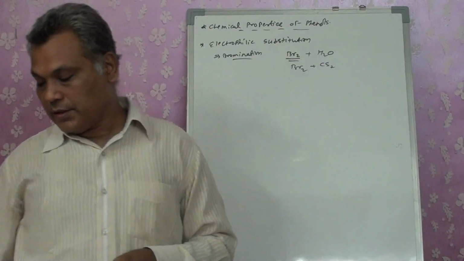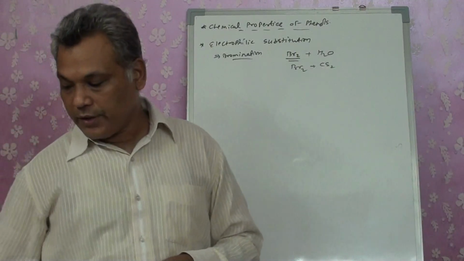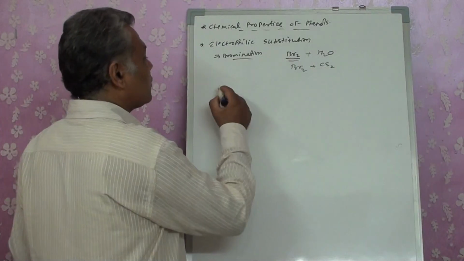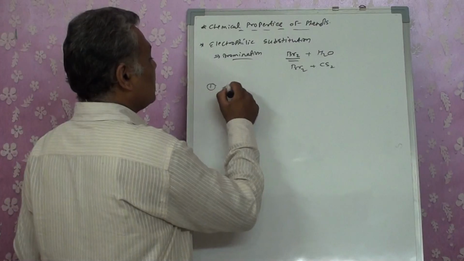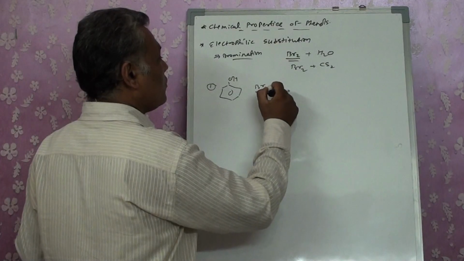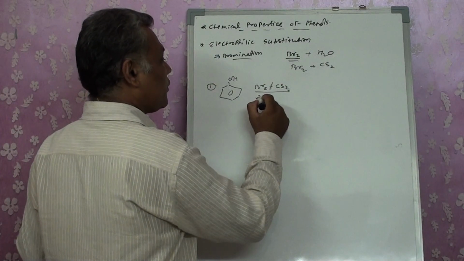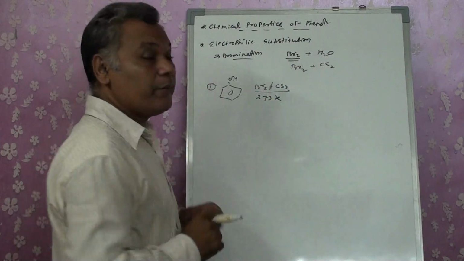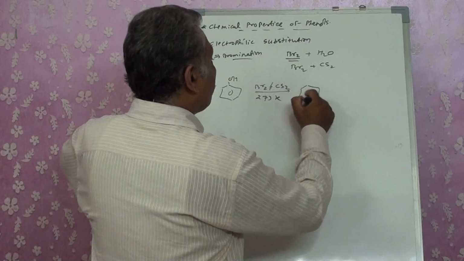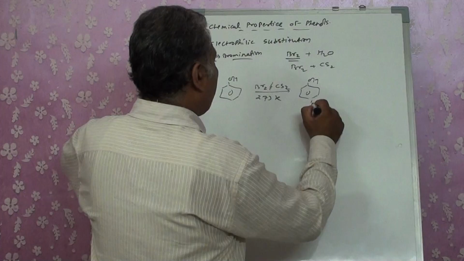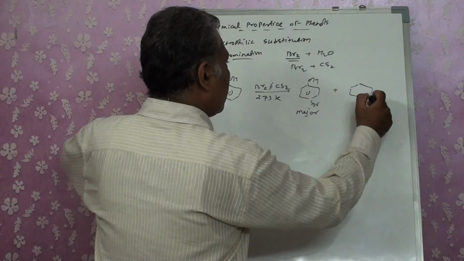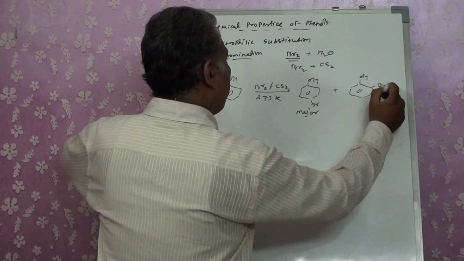When we do it with water or with carbon disulfide, two different products are possible. The first one: phenol reacted with Br2 in CS2 at 273 Kelvin temperature. That means this reaction has to be carried out on cooling, that is 0 degree Celsius, and the product you get is para-bromophenol, the major product, plus ortho is obtained, but it is a minor product.